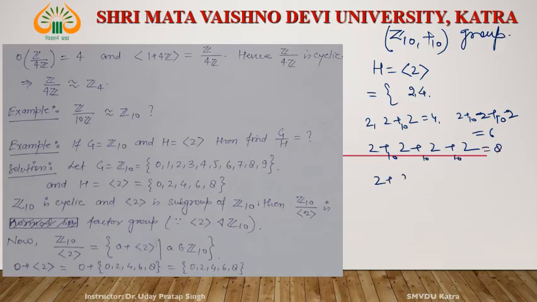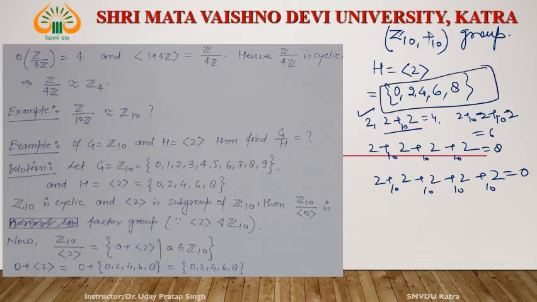And 2 plus 2 plus 2 plus 2 plus 2 is 10, and 10 modulo 10 is 0. It means we obtain 0, 2, 4, 6, and 8. Right? Then this is the subgroup generated by 2. This is H.